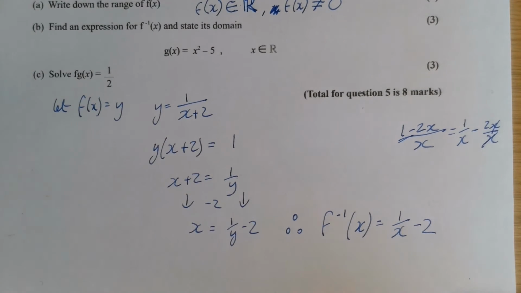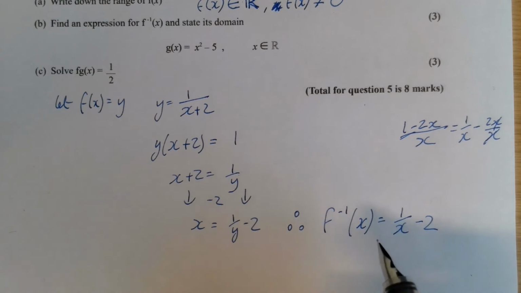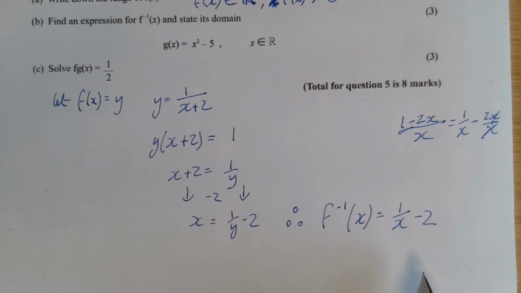And we need to state its domain. So the range is the values it can take. The domain is the values of x we're allowed to put in. Now the value of x that we can't put in and make any sense is going to be 0, isn't it? Because I can't divide by 0.